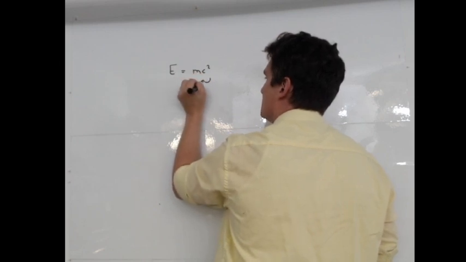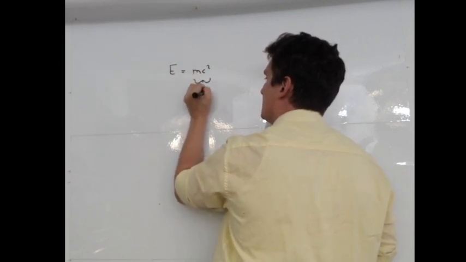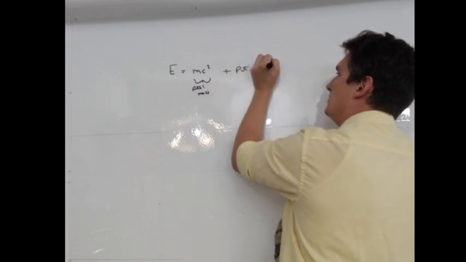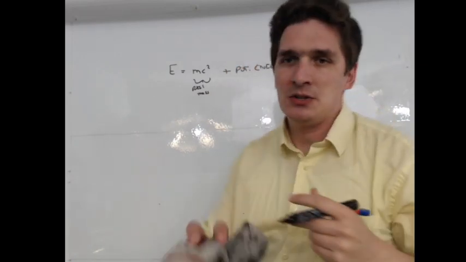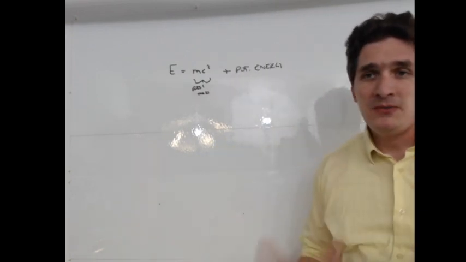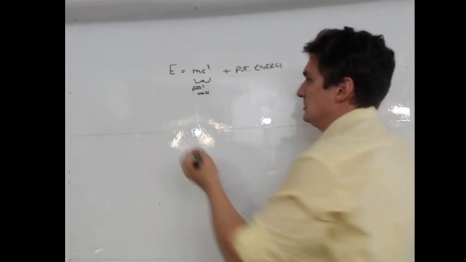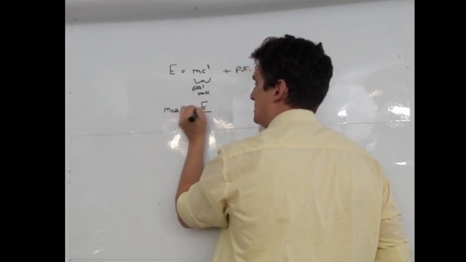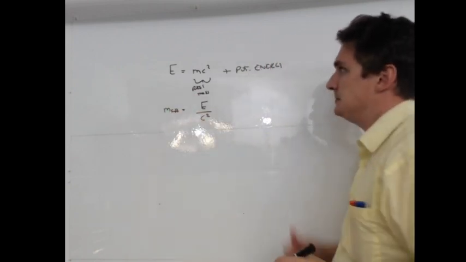That's your rest mass. But if we wind up the mass, we also get the potential energy. So our effective mass, M effective, is just our total energy divided by the speed of light squared.